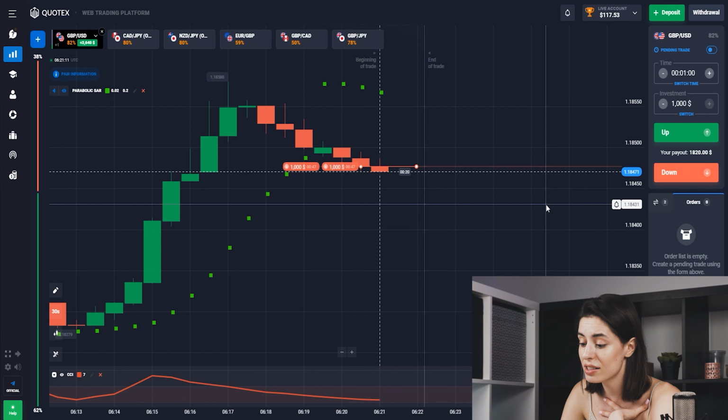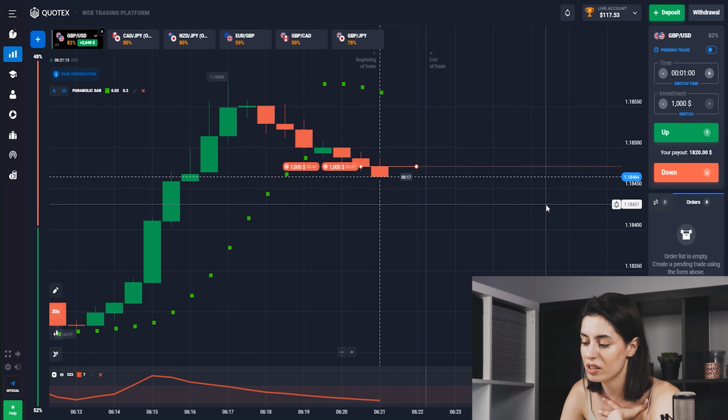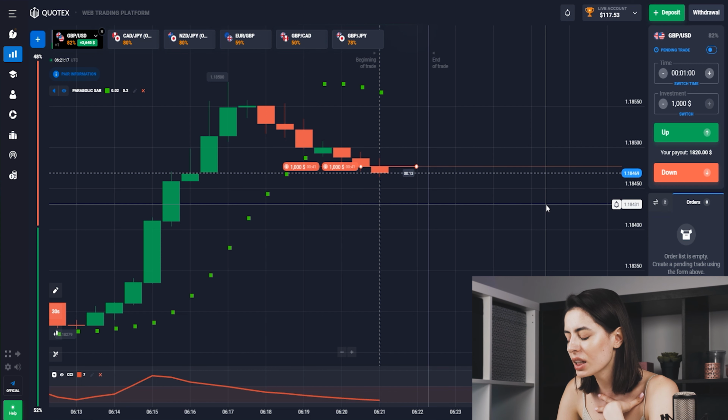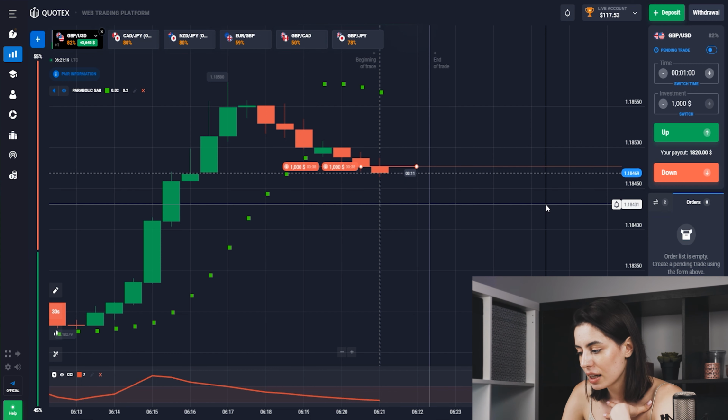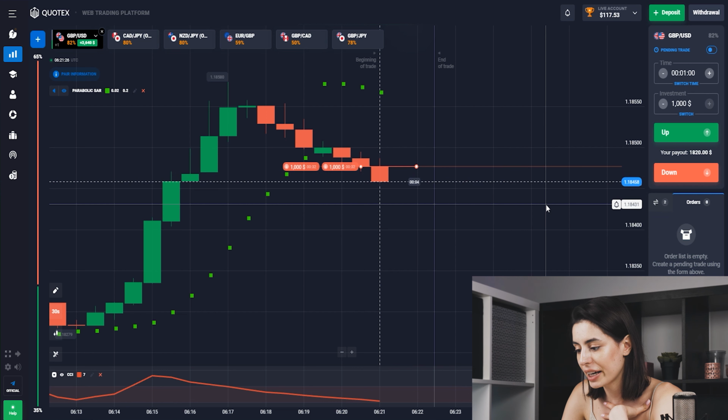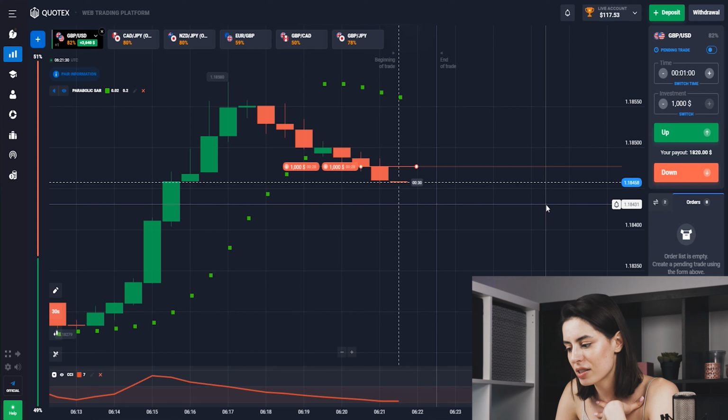CCI is showing us a drastic fall too, but with the CCI we need to be quite attentive because it may change, because it is striving to hit this support line. With the 1 minute I hope it's going to be enough, but we will see how it goes. With the 3 minutes I wouldn't enter that, no way.